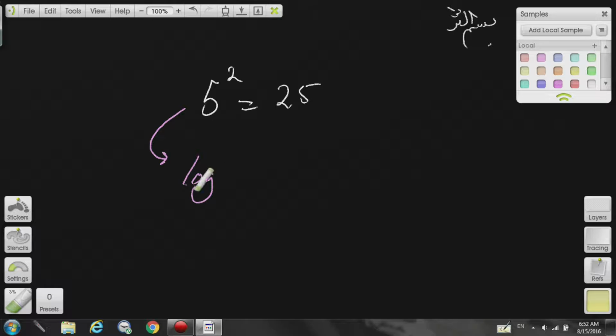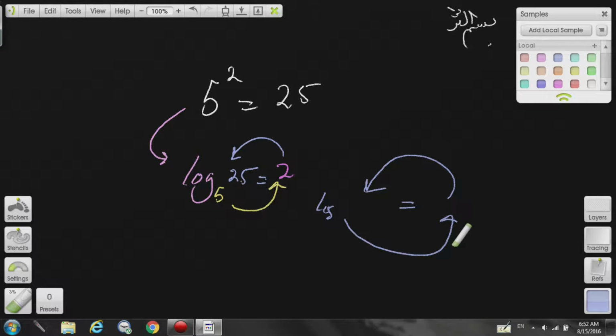Log base 5 to the exponent of 2 equals 25. It's kind of awkward writing, but we can handle this. Just put the equal sign there, a log sign here, go from here, and then back over here. It's like jumping fences.